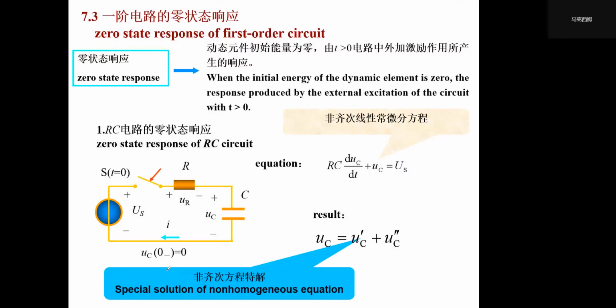So the special solution of this non-homogeneous equation is actually what we are talking about in this lecture, and the general solution of the homogeneous equation is what we talked about in the last lecture. You see, UC' is called the special solution. It's also called the first part.